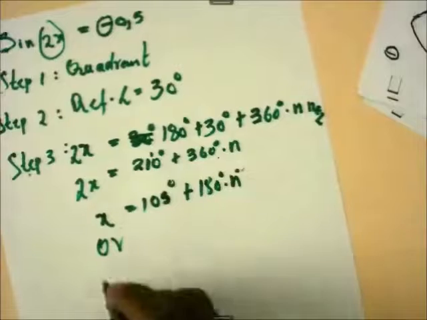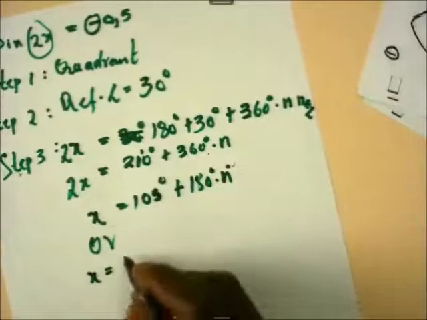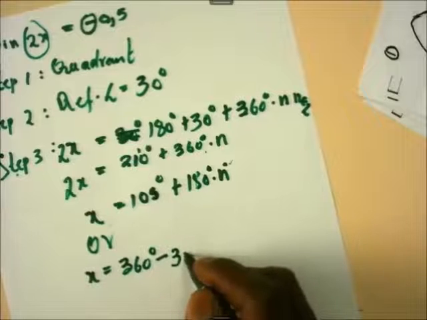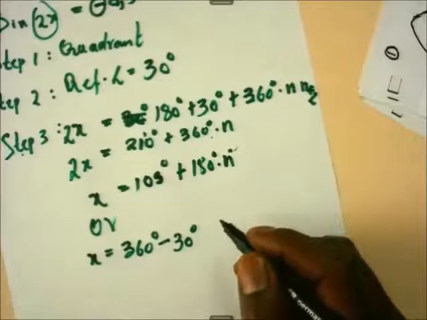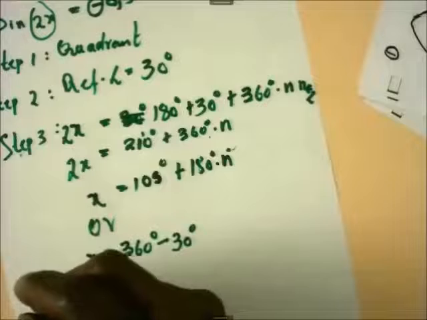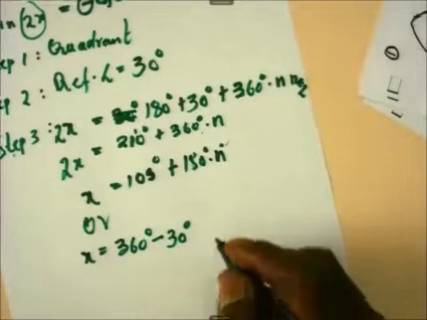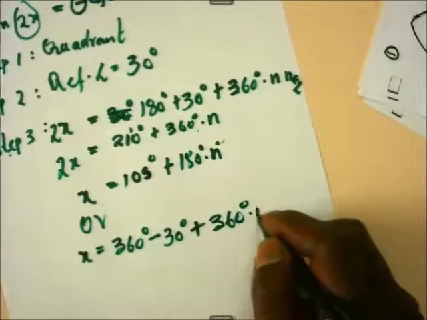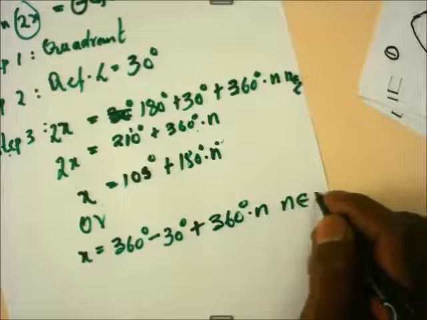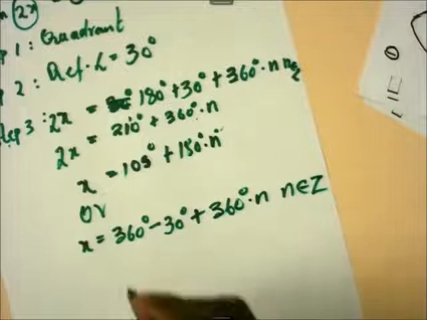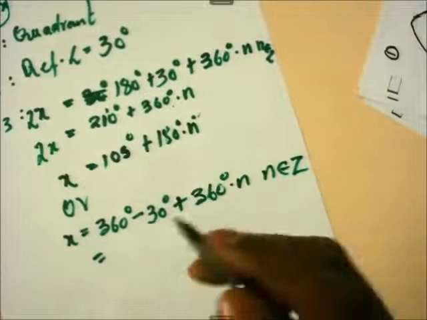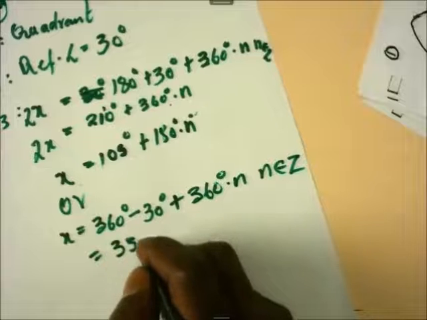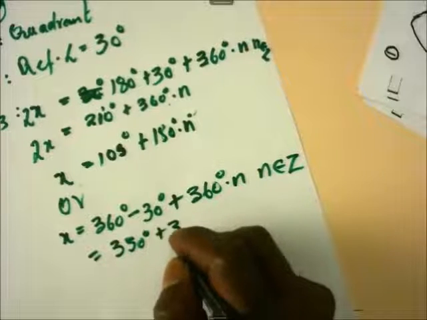And our x will be 360 degrees minus our reference angle, which is 30 degrees. Of course, we can rotate any number of revolutions, and therefore we'll say plus 360 degrees times n, n being an element of integers. And if we simplify this, 360 minus 30, that will be 330 degrees plus 360 degrees times n.